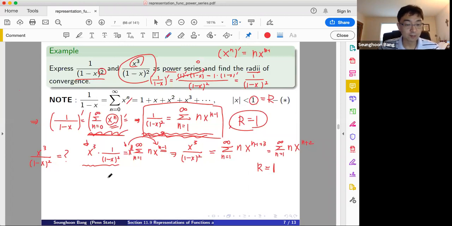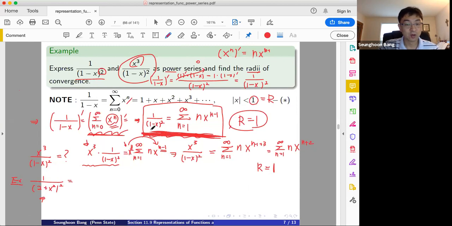One more example. How can you find 1 over 2 plus x squared, squared, using a power series representation? This one is similar to the previous rule, so we can use the previous result.